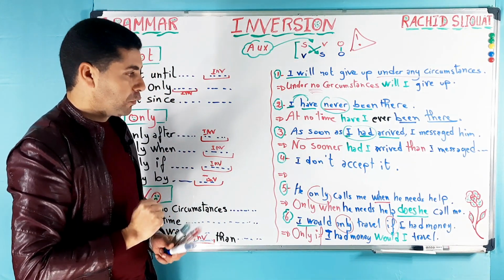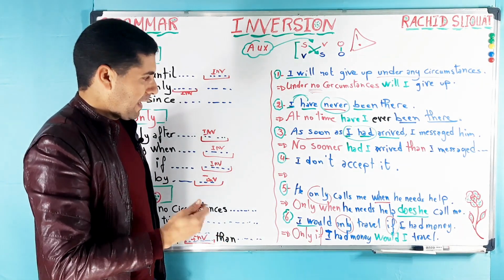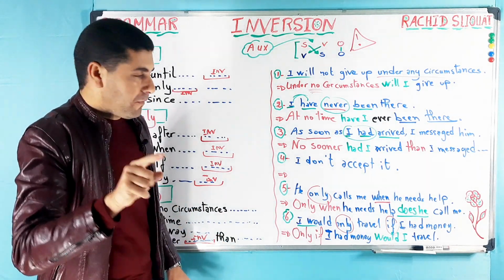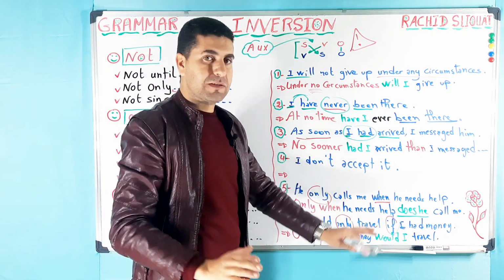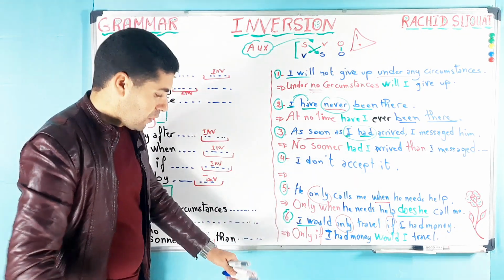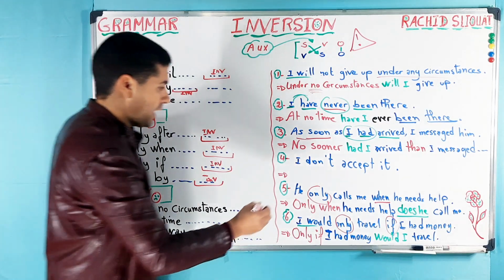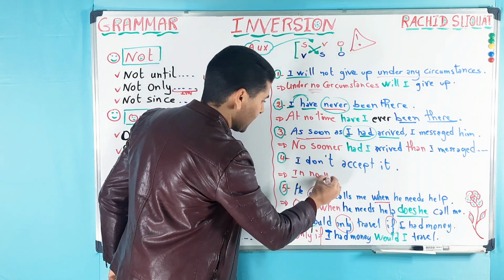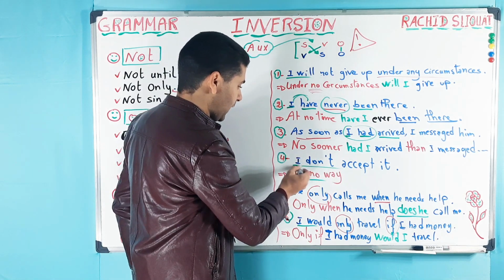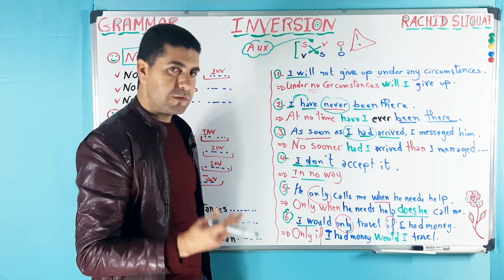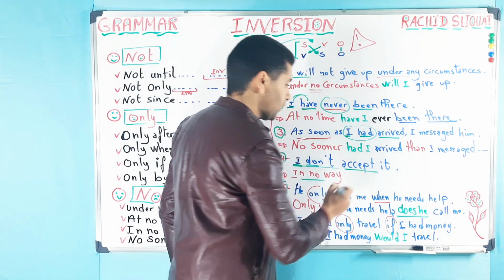All right. Number 4, I don't accept it. We can say I don't accept it like that, or you might find it as I don't accept it anyway. The expression we are going to start with here is in no way. Here we have the subject and do, which is the auxiliary, and the main verb accept.